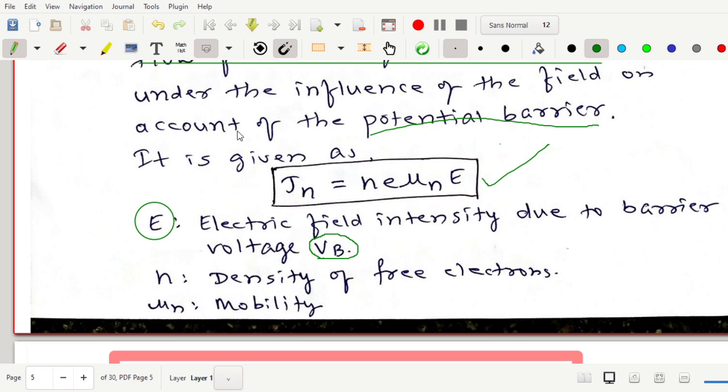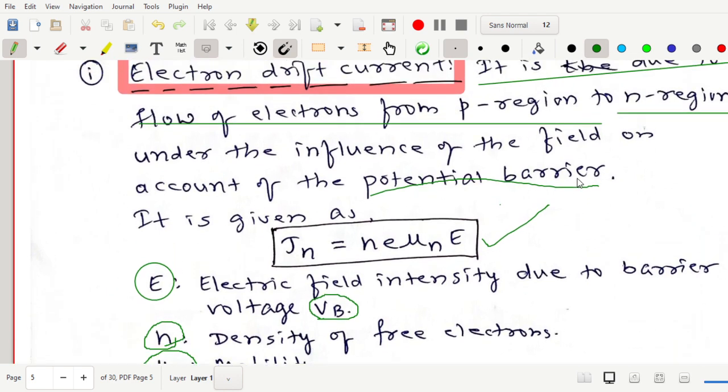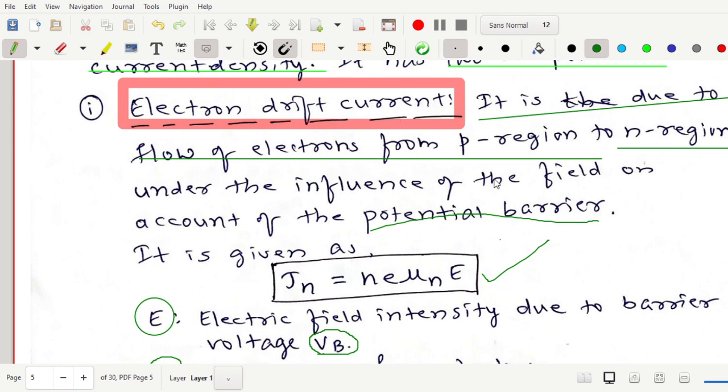Next, n is the density of free electrons and mu n is the mobility of the electrons. So these are the things in this expression. Jn is equal to n e mu n E, where E is electrical field intensity due to barrier voltage, n is density of free electrons, and mu n is mobility. So this is the expression for electron drift current.